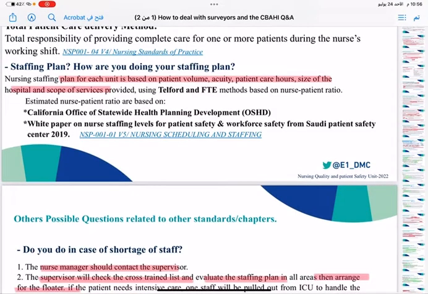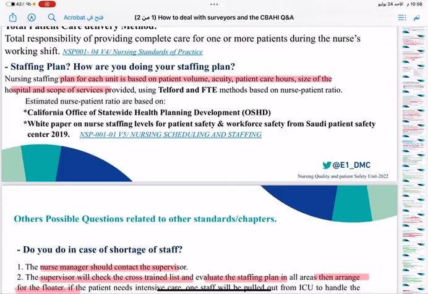How about the staffing planning and so on? This is according to the staffing, according to the schedule, according to the volume, how the staff will be distributed, and according to the assignment, according to the volume of patients and the acuity of the patient, the caring hours. All these things are provided by the nurse manager.